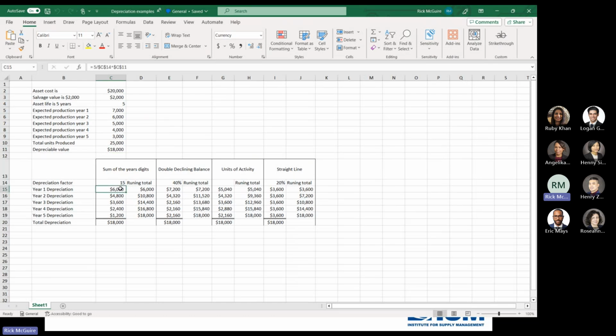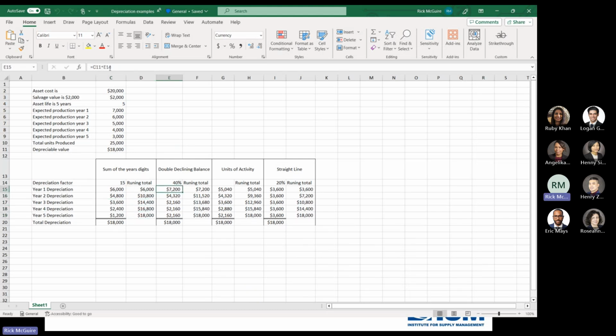So sum of the years' digits, so you got 5. It's equal to 15. That's 1 plus 2 plus 3 plus 4 plus 5. And then you got 4, and it just clocks down. And these are what you come out with.